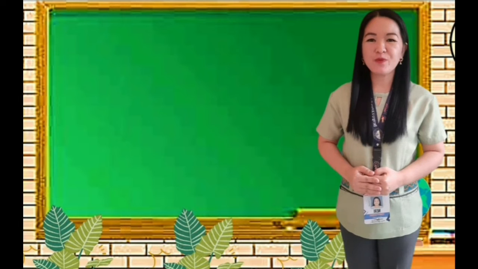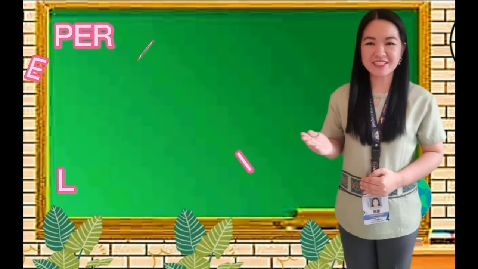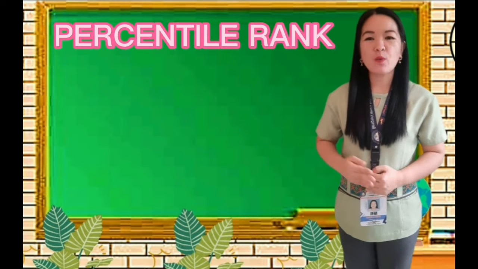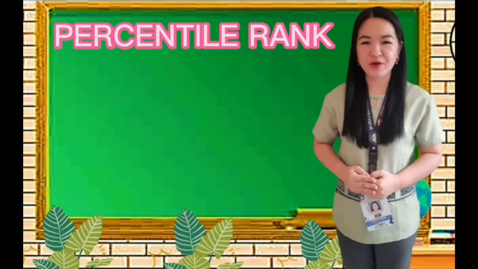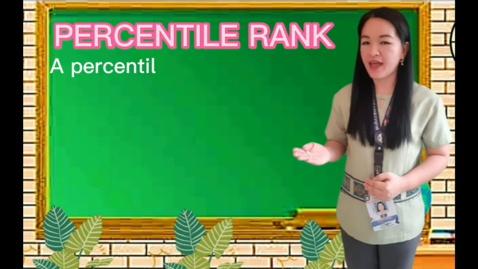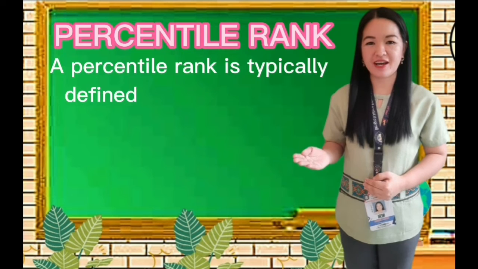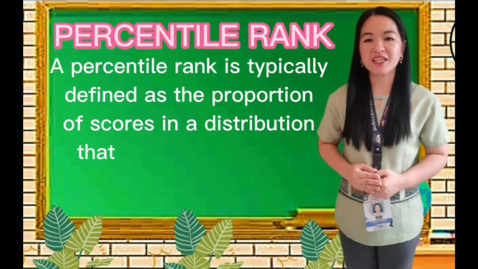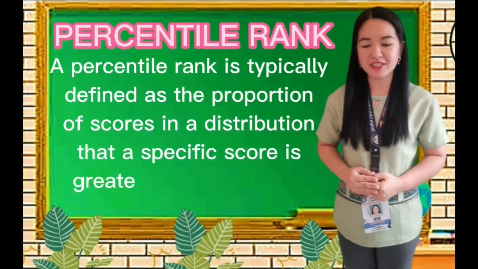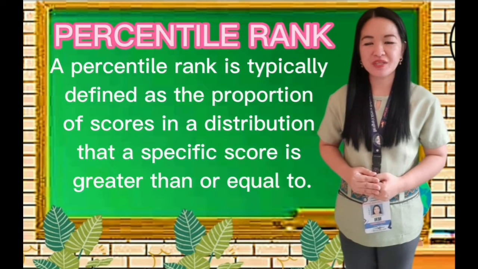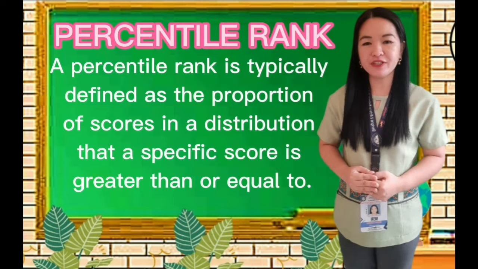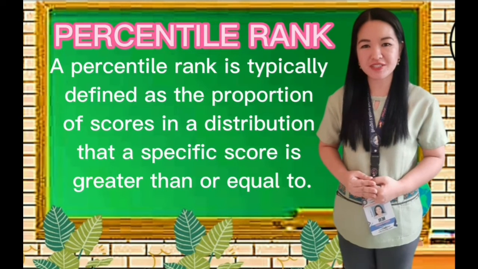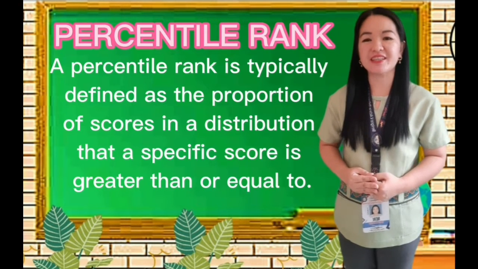So today, we are going to discuss percentile rank. What is a percentile rank? A percentile rank is typically defined as the proportion of scores in a distribution that a specific score is greater than or equal to. It is particularly useful in relating individual scores to their positions in the entire group.